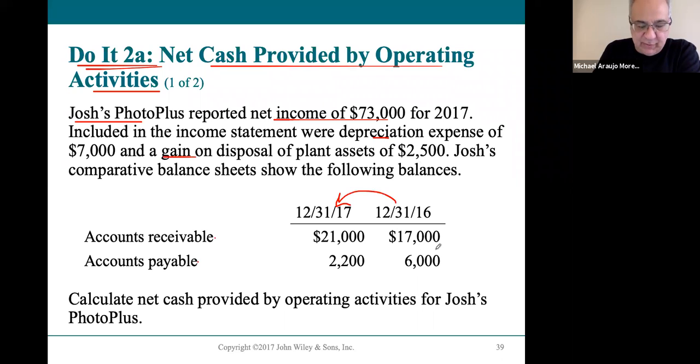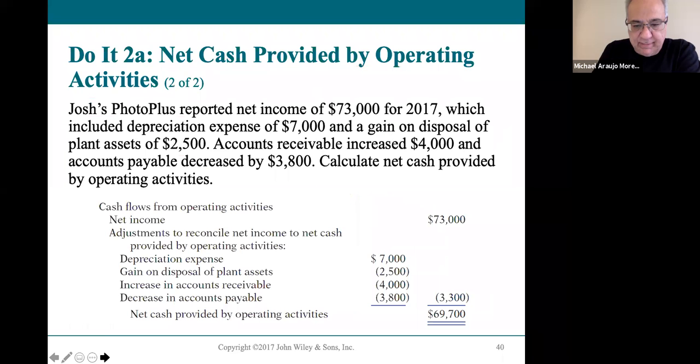You have to note those differences. What is the net cash provided by operating activities? Okay, so again, you're going to start with your net income, add back your depreciation. If it's a gain, take it out, right? And note these differences based on the chart earlier.